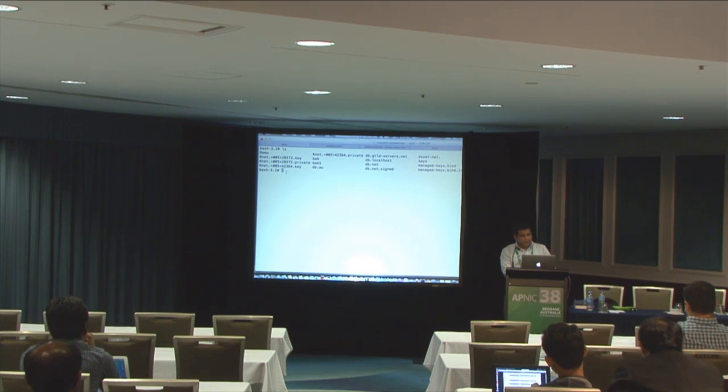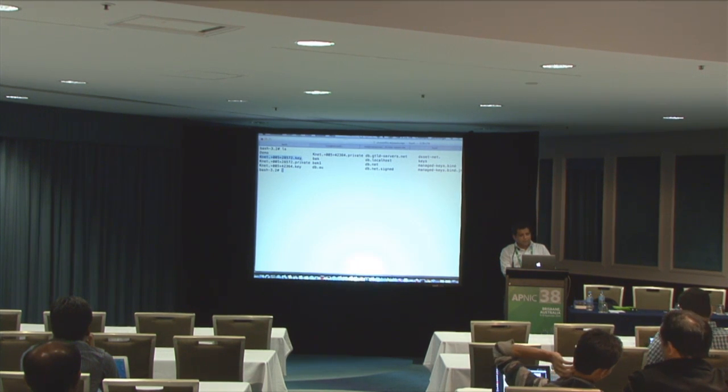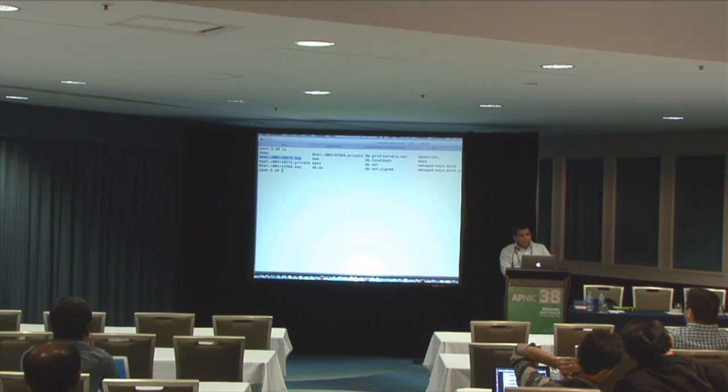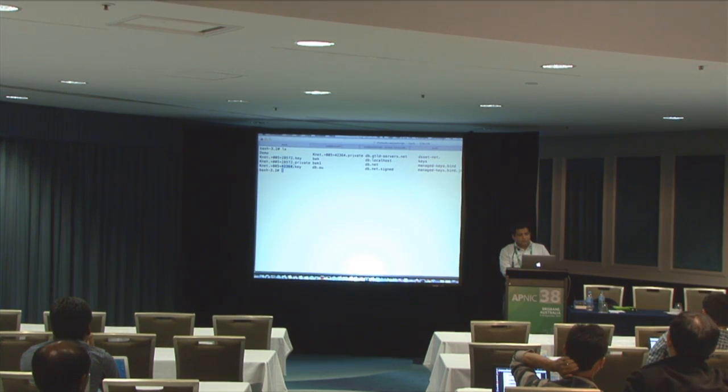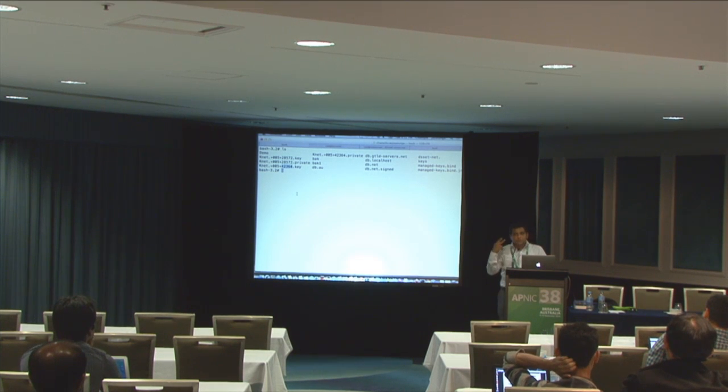Can you see there is a file with .key extension, and also a file with .private extension. There are two keys, one is 28572, and the other one is 42364. Remember we talked about two keys: one is the zone signing key, and the other one is the key signing key.